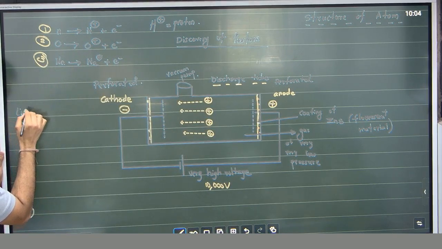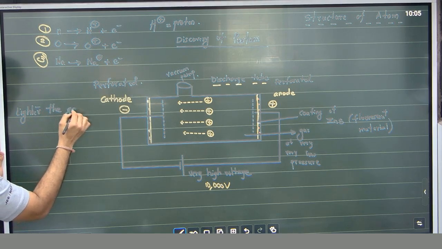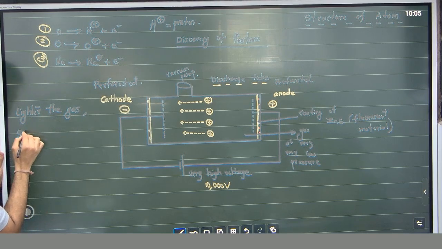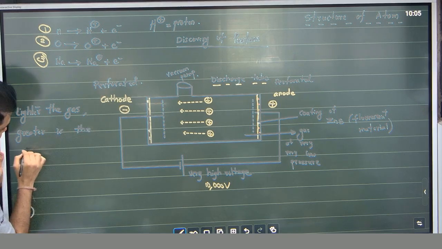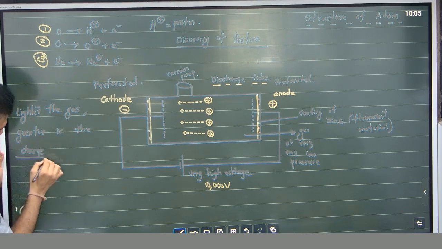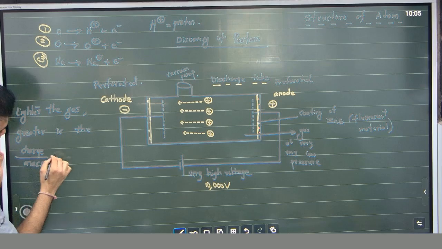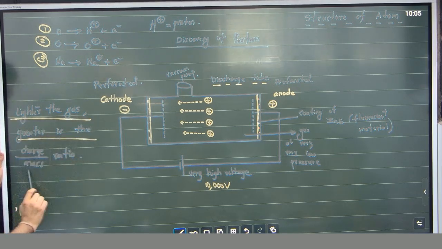Lighter the gas, greater is the charge to mass ratio. Very important. So we cannot give a fixed value over here. Did you get that?